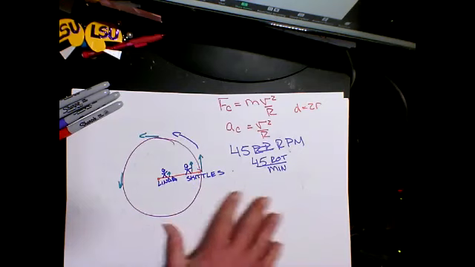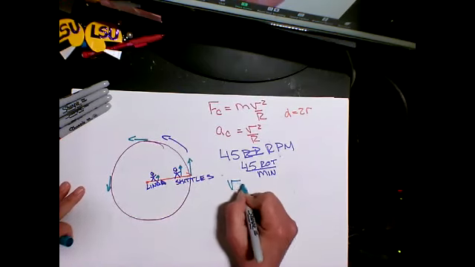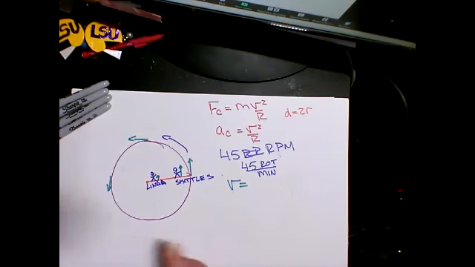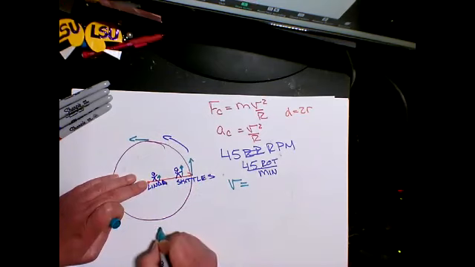So we can use that to think of how we define this velocity. Velocity then equals, well, we're on a circle, and in circles we always use pi r. This gives me the ratio.